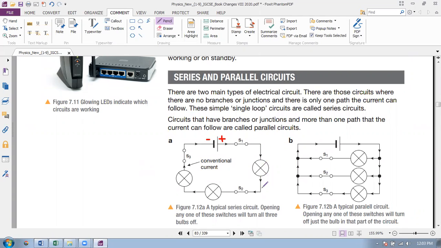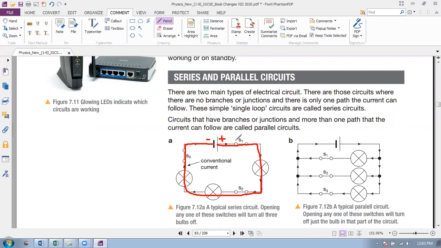It goes through the bulb like this, and it comes to the negative terminal. So when current comes out from the positive terminal of the cell and reaches the negative terminal of the cell, we call it a complete circuit. So this is a complete circuit, and this is just like a loop.